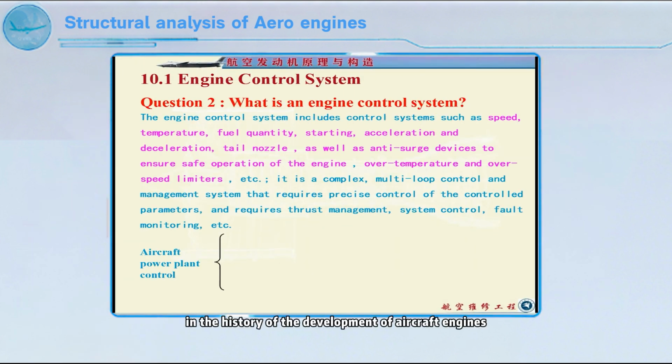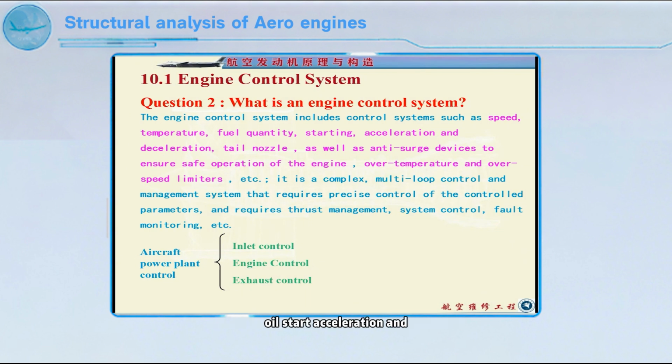In the history of the development of aircraft engines, the control system has evolved from the initial piston engine speed automatic regulator that changes the propeller pitch to the gas turbine engine speed, temperature, oil start, acceleration, and other control systems, as well as anti-surge devices, to ensure the safe operation of the engine, over-temperature and over-speed limiters, etc. In addition, as the performance of the engine improves, more and more stringent requirements are put forward for control.